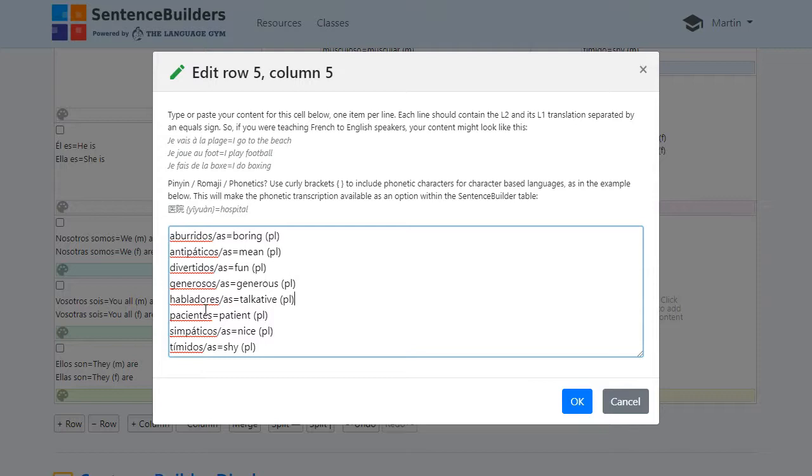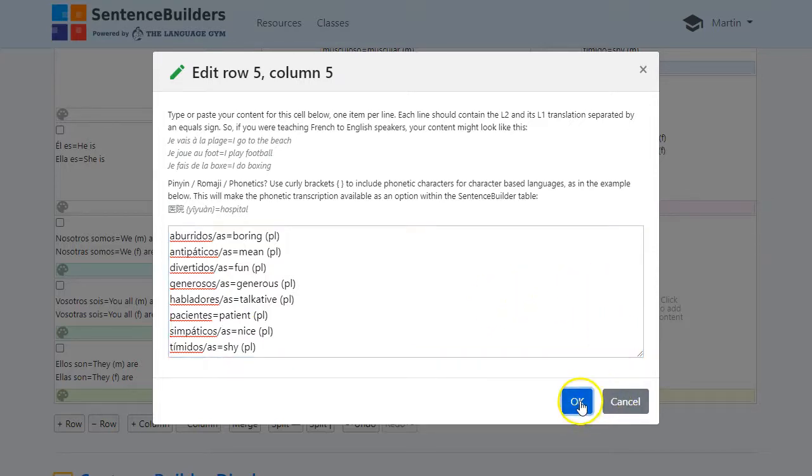So the transformations that we put in place before to transform the os/as at the end of those plural adjectives, depending on whether our subject pronoun is masculine or feminine, we're going to have to add a whole set of other rules to deal with the es/as ending that we have on habladores, habladoras.